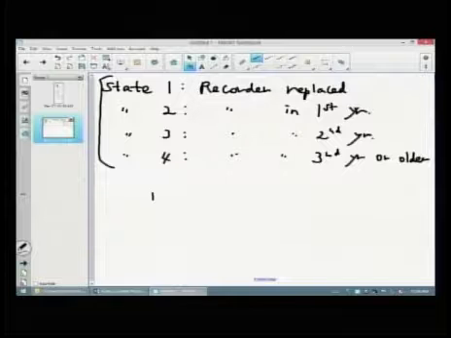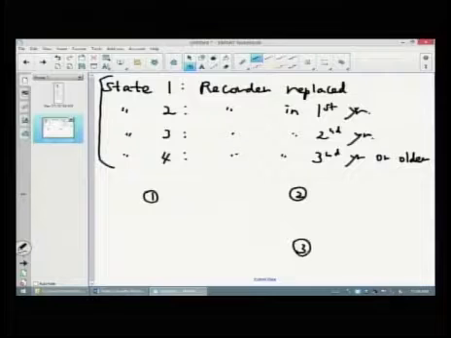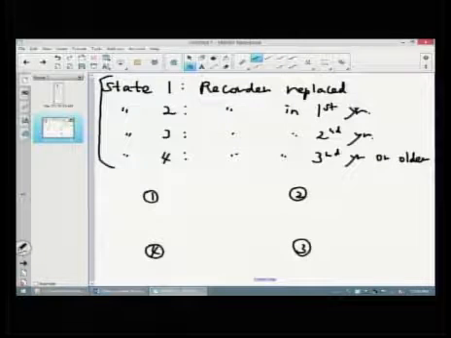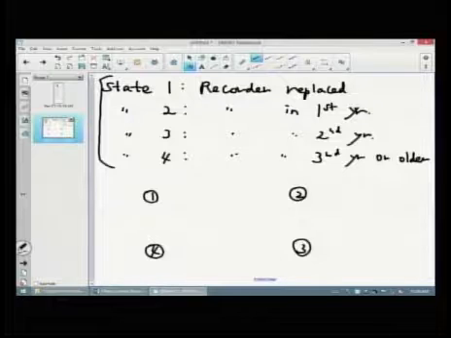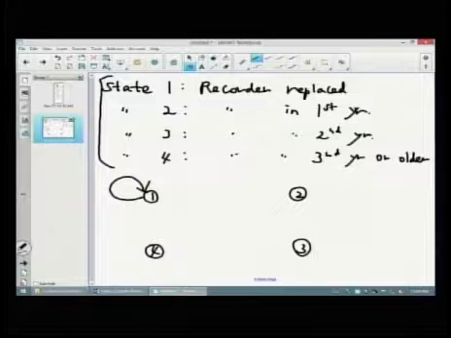So we have 4 states, right? 1, 2, 3, and 4. Once it's replaced, it will remain replaced, so it's going to be 100%.